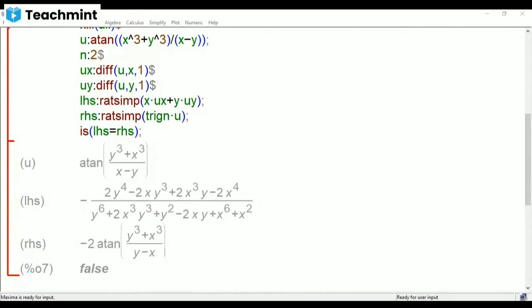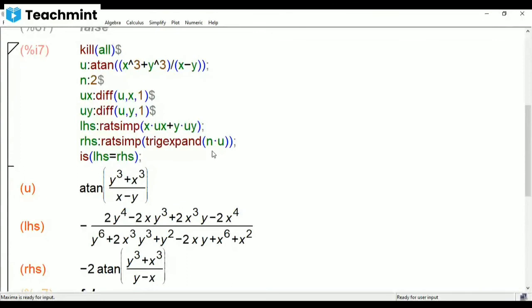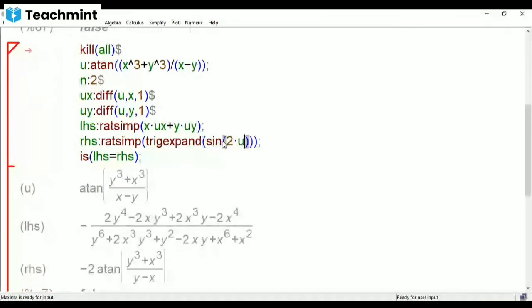So if you use trig expansion of n into u, the right hand side is sine 2u. It is not n into u. So we have to use sine of 2 into u. That is the problem with this.